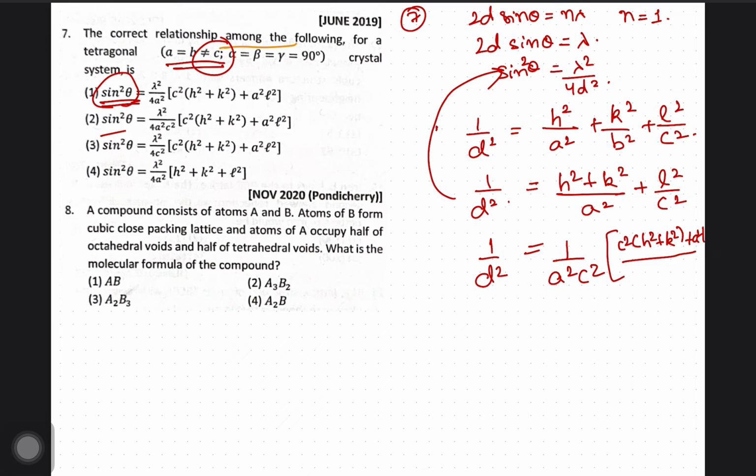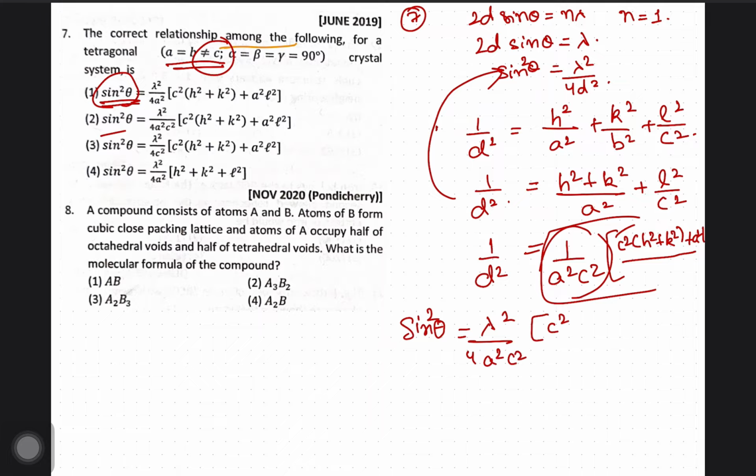Now when you put the value over here and solve it, sin square theta will become lambda square upon 4 times this full value, a square c square (h square plus k square) plus a square l square. Okay, so the correct answer will be 2.